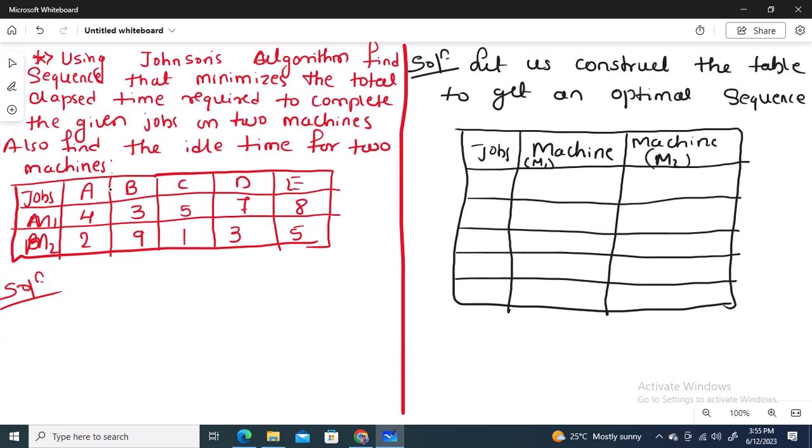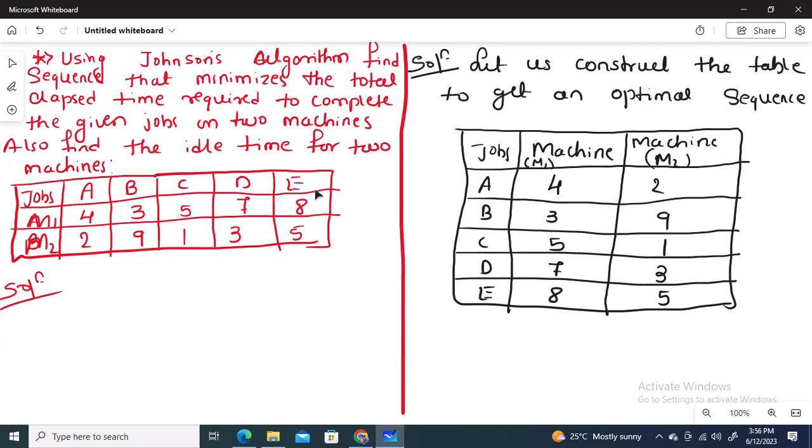How many jobs do we have? A, B, C, D, E. Now the machine 1 and machine 2 times are also given: 4, 3, 5, 7, 8, then 2, 9, 1, 3, 5.